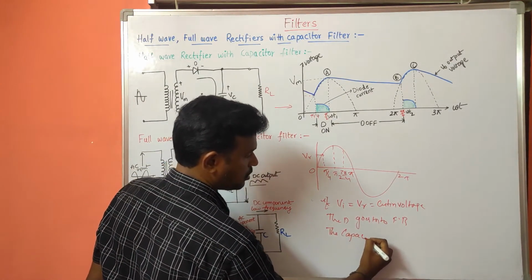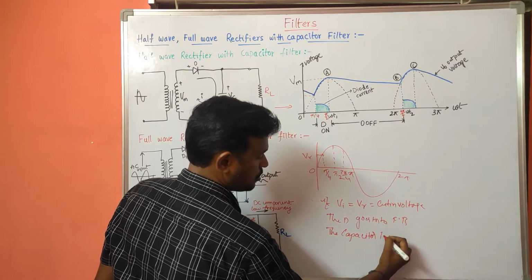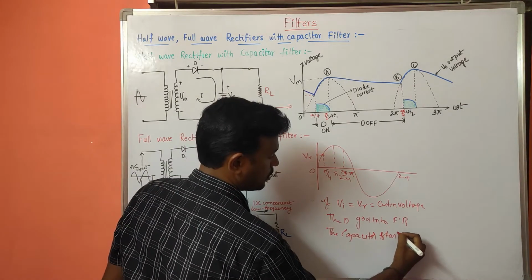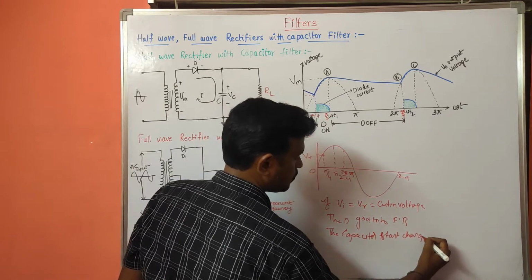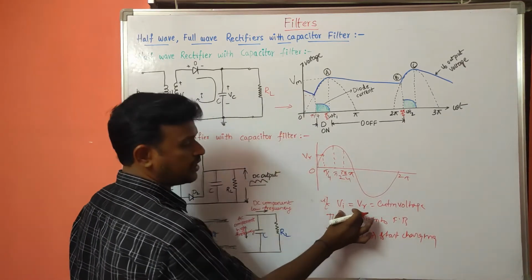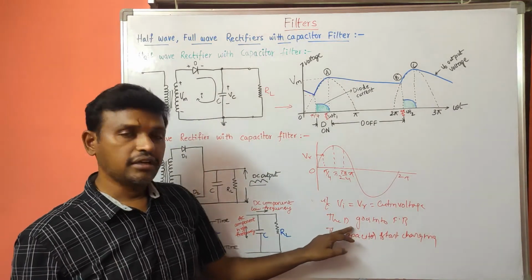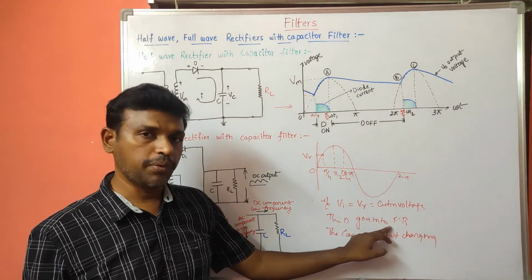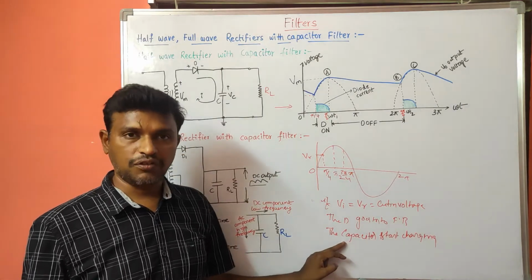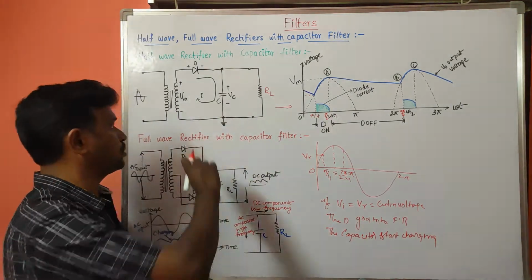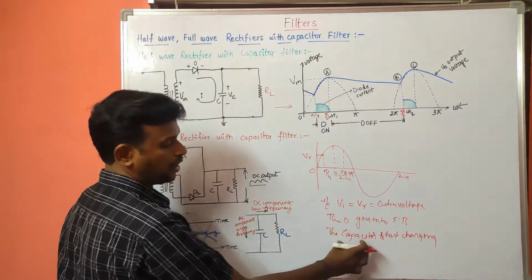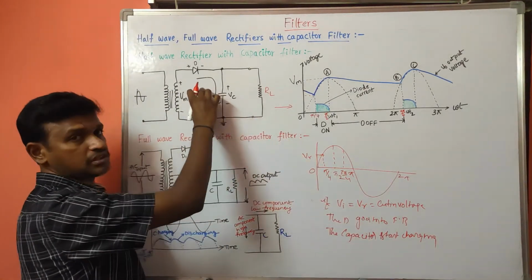The capacitor starts charging. So if Vi is equal to V gamma, the cut-in voltage, the diode goes into the forward bias condition and current will flow in the circuit here. Therefore the capacitor will charge because of this current flow.